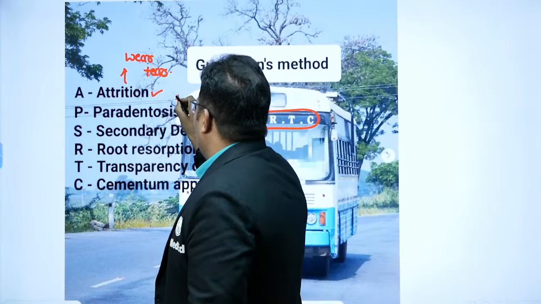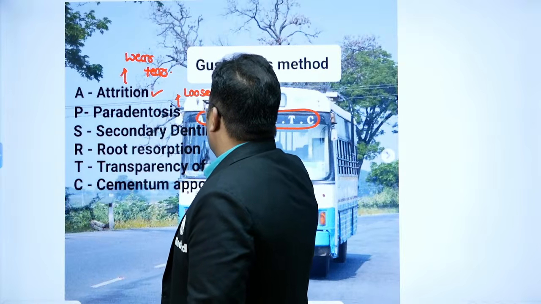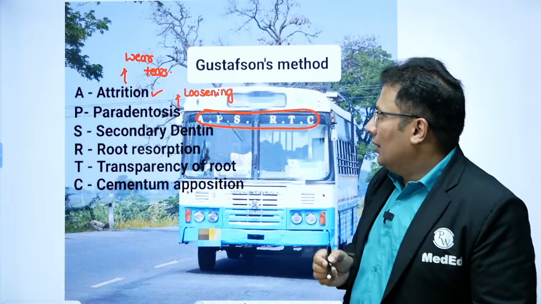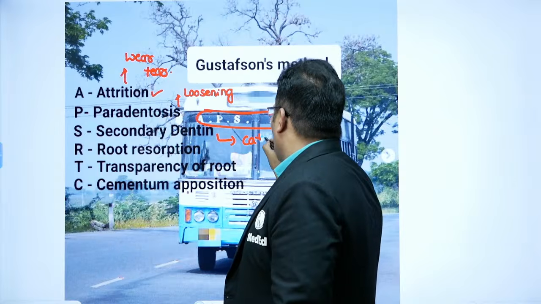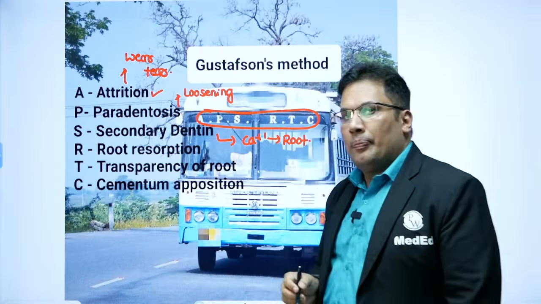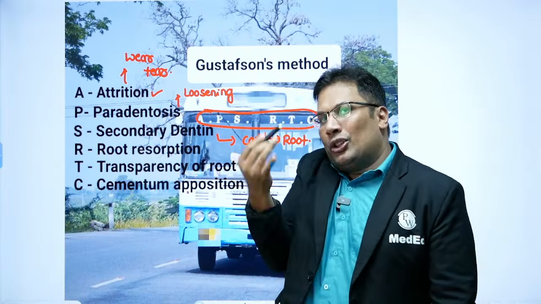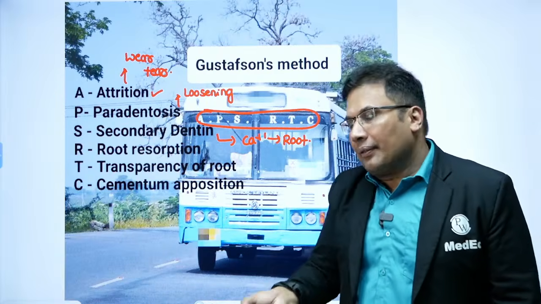Parodontosis, that is basically loosening of the teeth. Secondary dentin: calcium deposition in the root. Dentin means calcium. The deposition of calcium in the root cavity is known as secondary dentin.